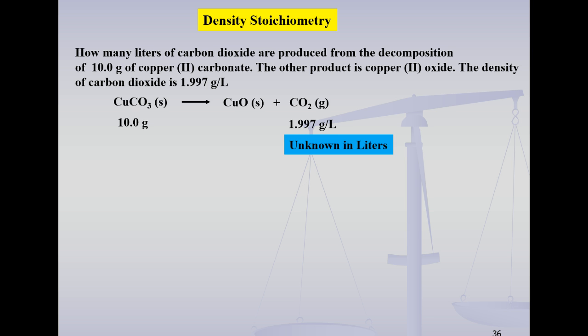You have to start with the given quantity, which is grams of the copper 2 carbonate. We can convert that to moles, and then moles of copper 2 carbonate, we can go to moles of carbon dioxide. Now, from moles of carbon dioxide, we can convert that to grams. Remember I said we have to get carbon dioxide in grams in order to get that to liters.